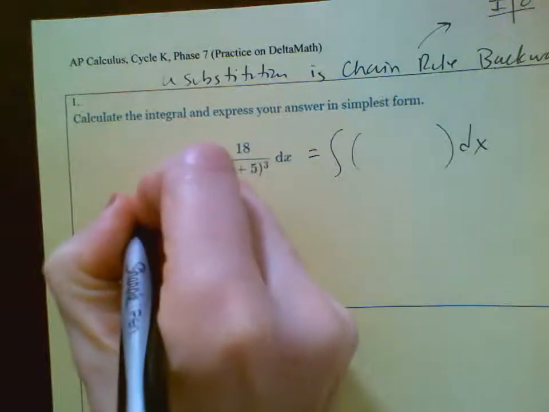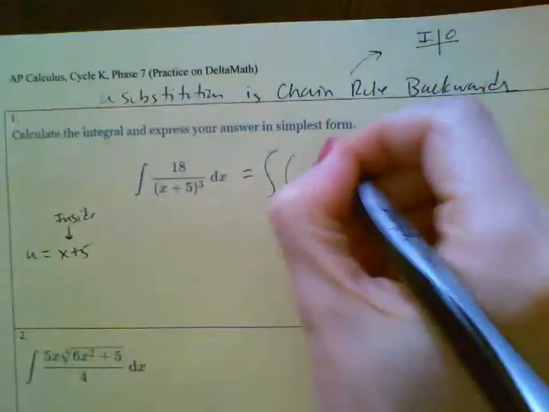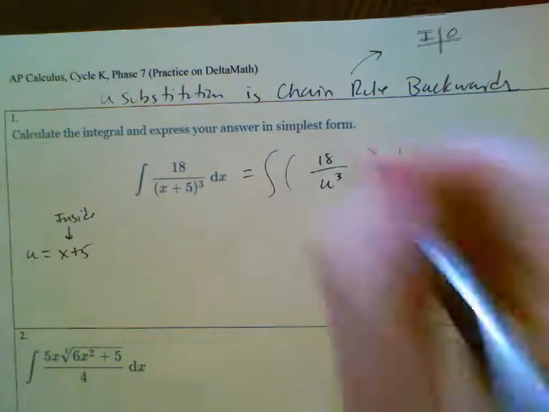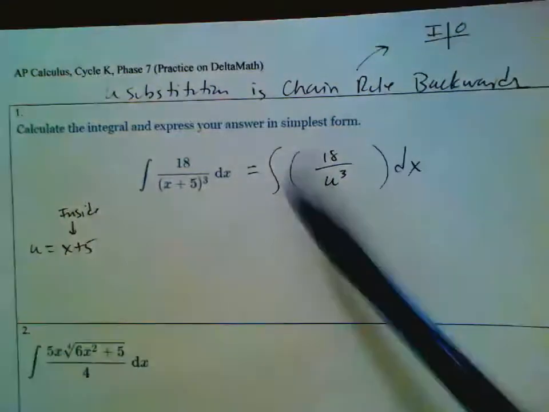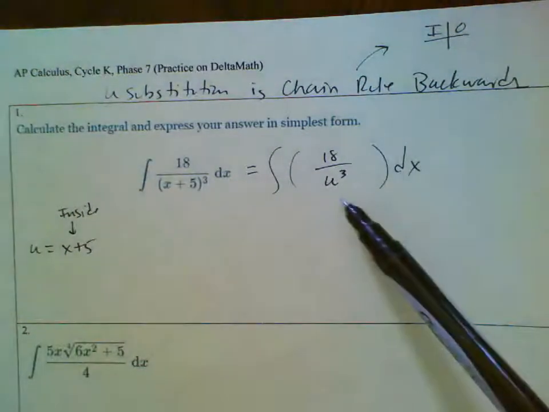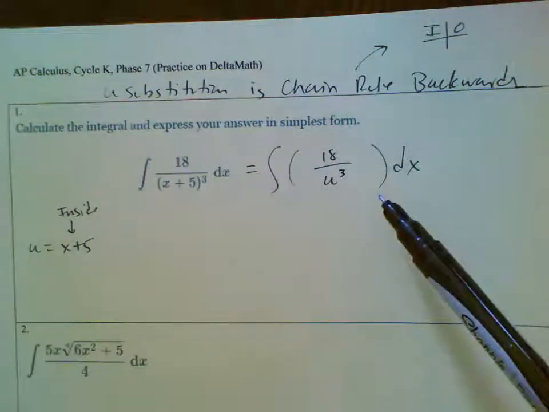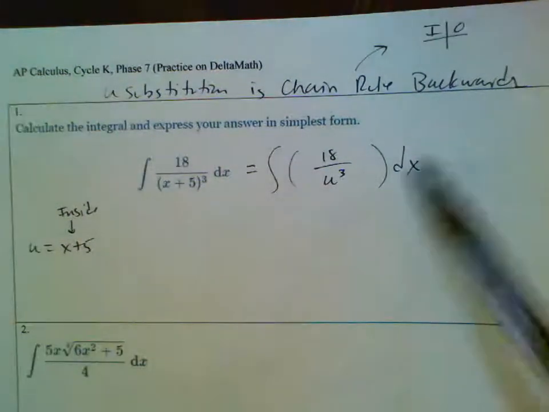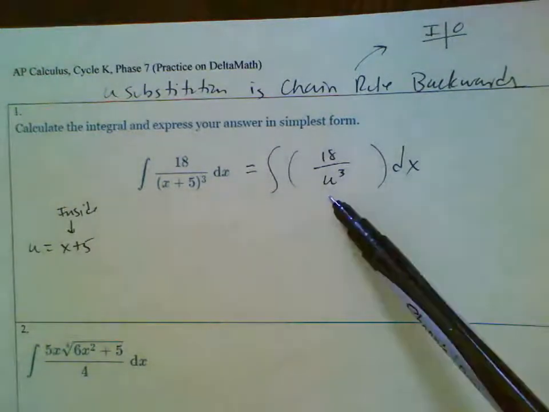It's inside another function. So this is 18 over u to the third. But right now, everything needs to be in terms of u. The variable at the end of the integral needs to match the variable in the input.